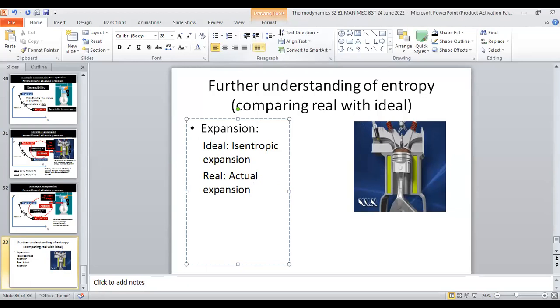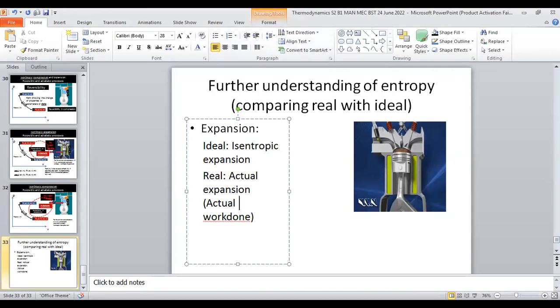Okay, actual expansion. So here, the measurable one, generally, of course, entropy can be measured, but here the bottom line is the actual work done. Yes, work done. So this is important. Work done.